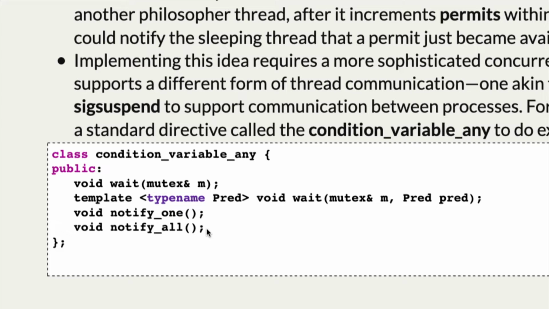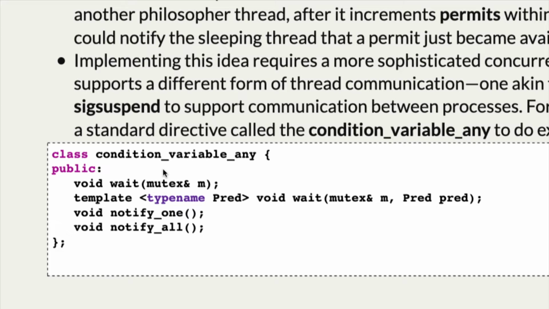Okay? So, to reiterate, we have this condition variable any variable. When you use it, you declare the variable. Everybody shares it, by the way, just like a mutex. And then you pass in a lock that needs to be waited on. It unlocks that, waits on it, and then when it gets a signal, it relocks the lock, if it gets the lock, and then goes on.